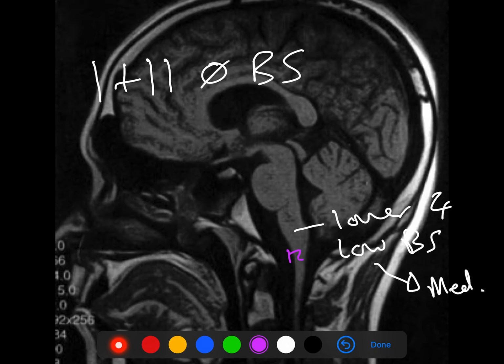So cranial nerves 12, 11, 10 and 9 from the medulla, and then 8, 7, 6, 5 from the pons, and then what's left? 4 and 3. So cranial nerves 4 and 3, but make sure you know the Roman numerals. They come from the midbrain.